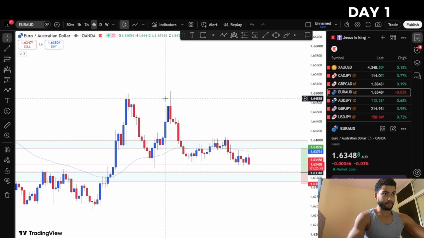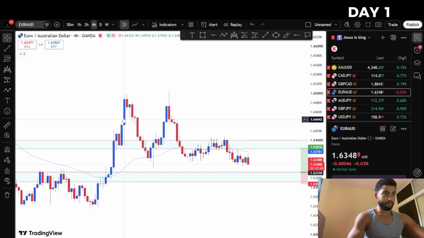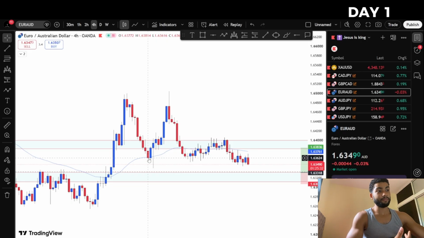This was the higher high, this was the higher low right here. Price closed below this higher low, making this the lower low, which means that price has shifted the structure. It shifted from bullish to bearish.